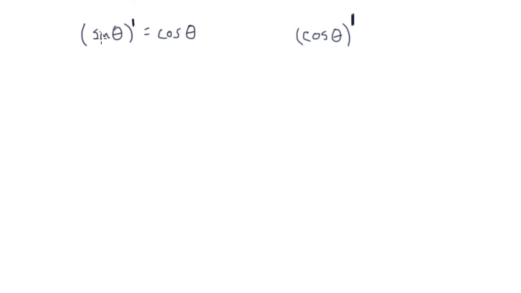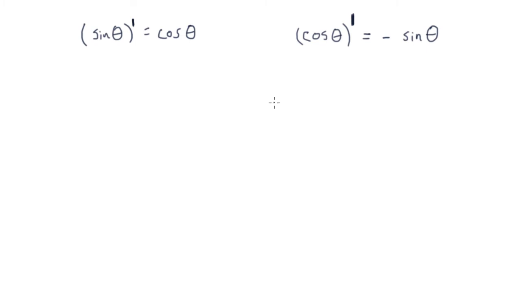If the derivative of sine theta is cosine theta, you might expect the derivative of cosine theta to be related to sine theta. And it is. It's actually minus sine theta. So for reasons that we'll see when we actually work it out in the examples, we get a negative sign, okay? And that's great. So we know the derivative of sine and cosine.